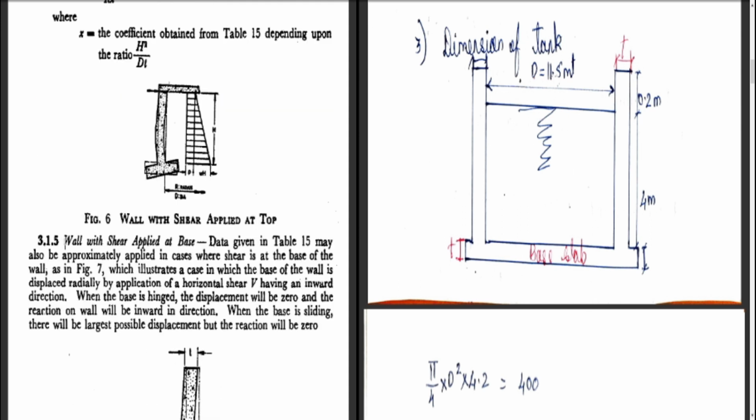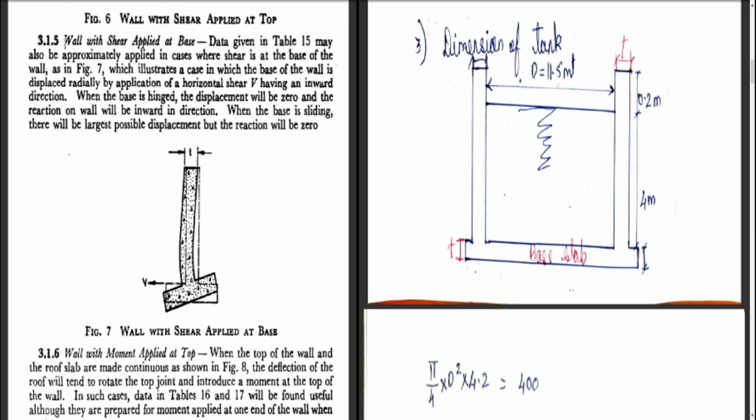Here the shear applied was at the top, now the shear is applied at the base. The data given in table 15 may be approximately applied in cases where shear is at the base of the wall, as in figure 7, which illustrates a case in which the base of the wall is displaced radially by application of horizontal shear V having an inward direction.